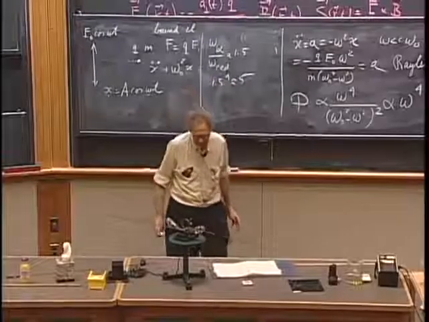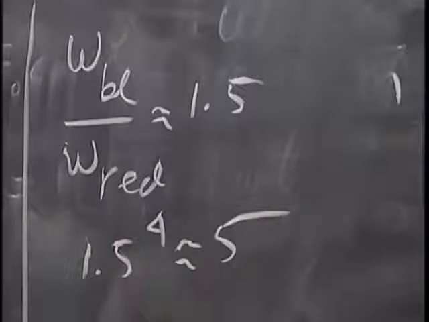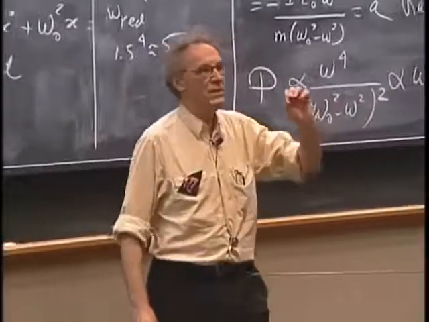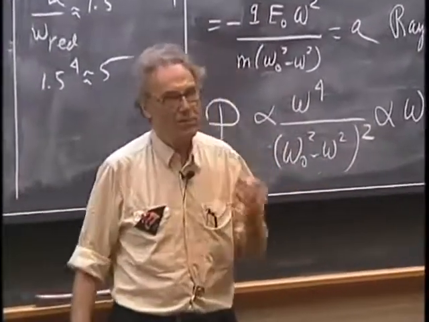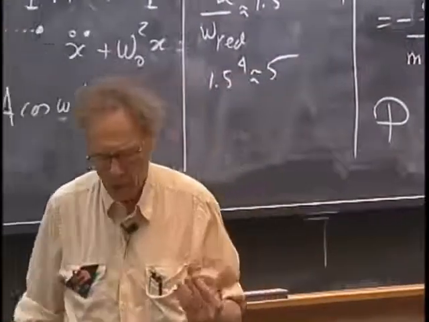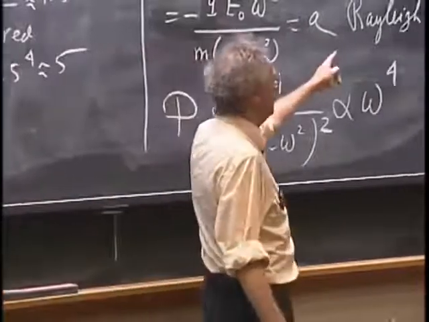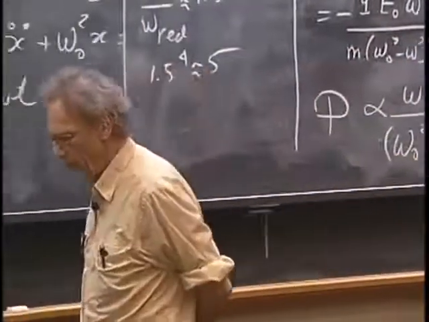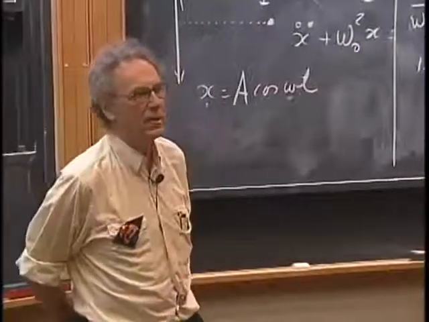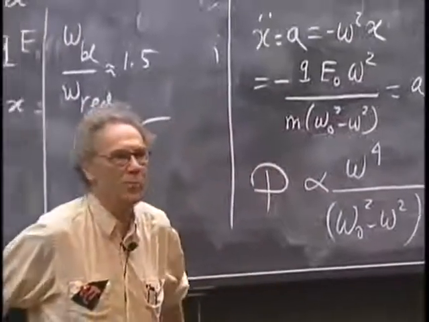And so the blue light has a 5 times higher probability to be scattered than the red light. And this holds as long as the particles off which the radiation scatters are smaller than the wavelengths of light, typically a few tenths of a micron. So then we have Rayleigh scattering, then we have the dependence on wavelengths to the power 4. If the particles grow in size, this dependence weakens, and then the difference between the red and the blue becomes less.